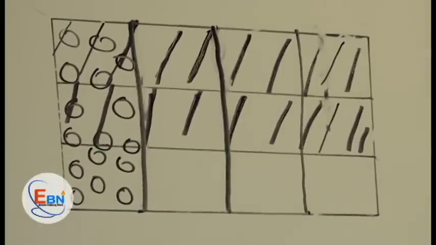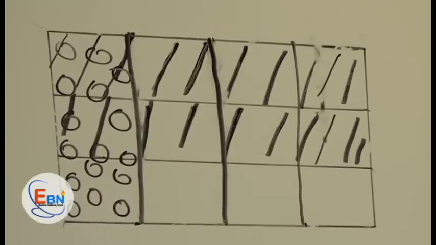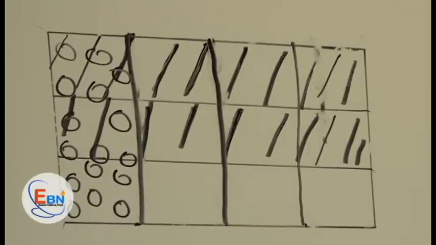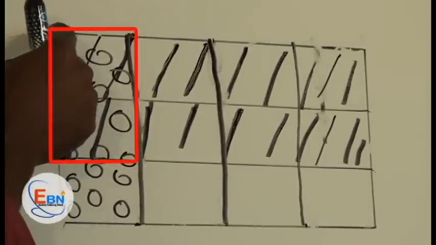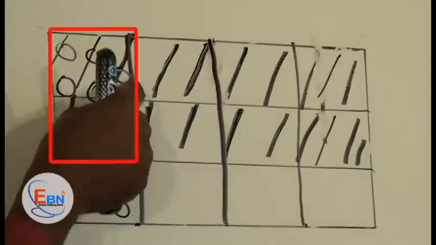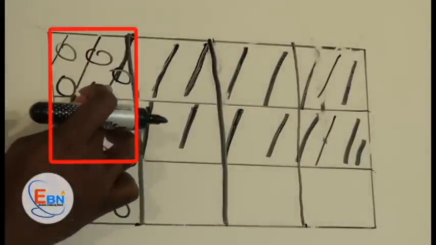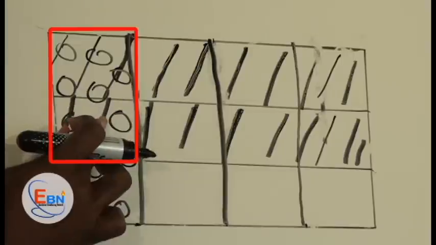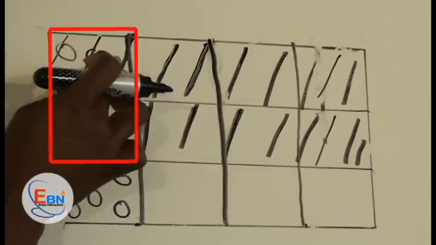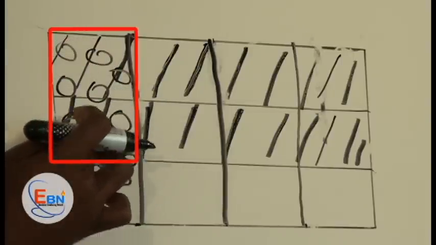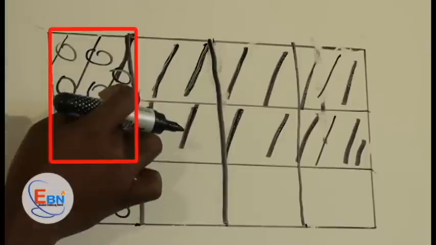Now that we've highlighted a quarter of our region, we need to emphasize the area which overlaps or which is double shaded. If you look closely, these 2 sections have both our circular shading as well as our line shading.